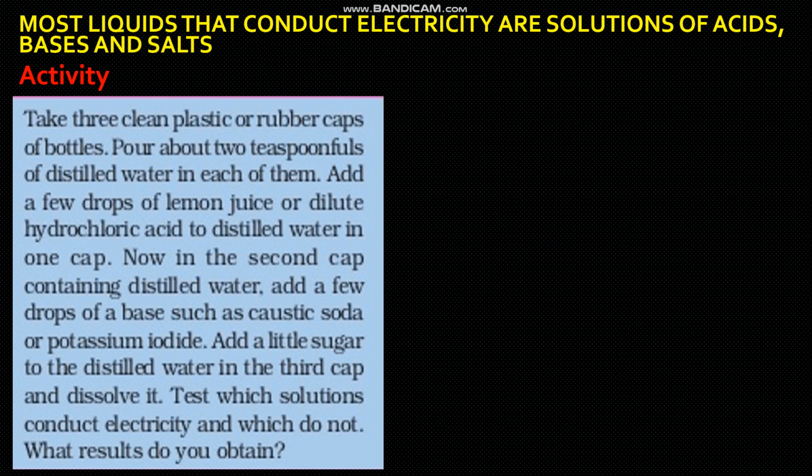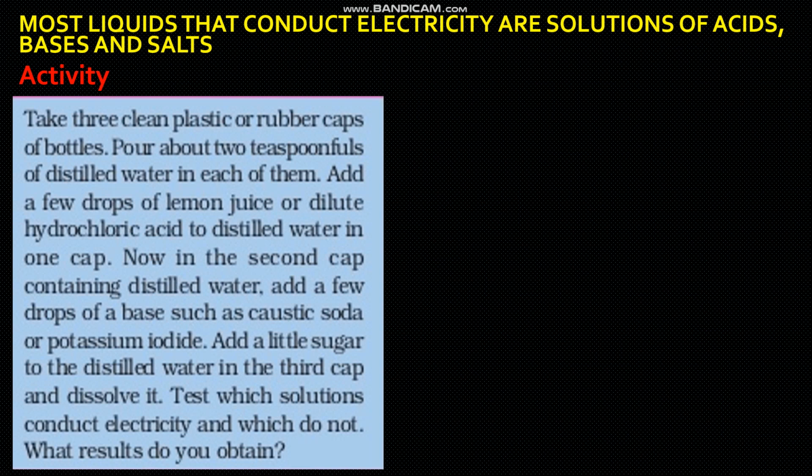Add a few drops of lemon juice or dilute hydrochloric acid to distilled water in one cap. Now, in the second cap containing distilled water, add a few drops of a base such as caustic soda or potassium iodide. Add a little sugar to the distilled water in the third cap and dissolve it. Test which solutions conduct electricity and which do not.